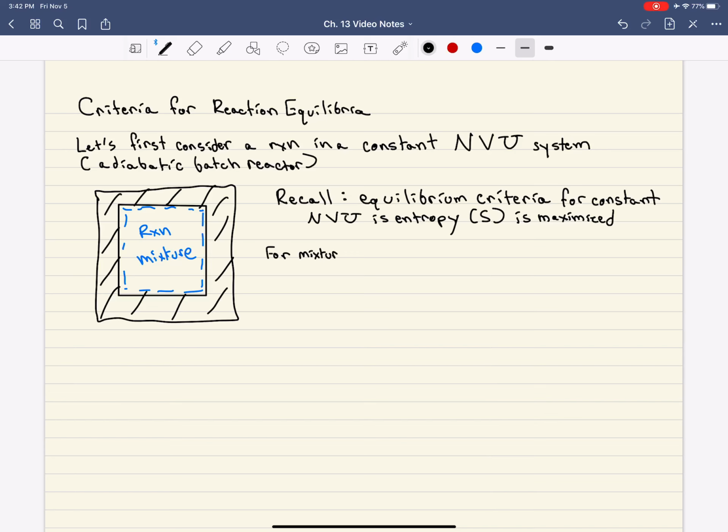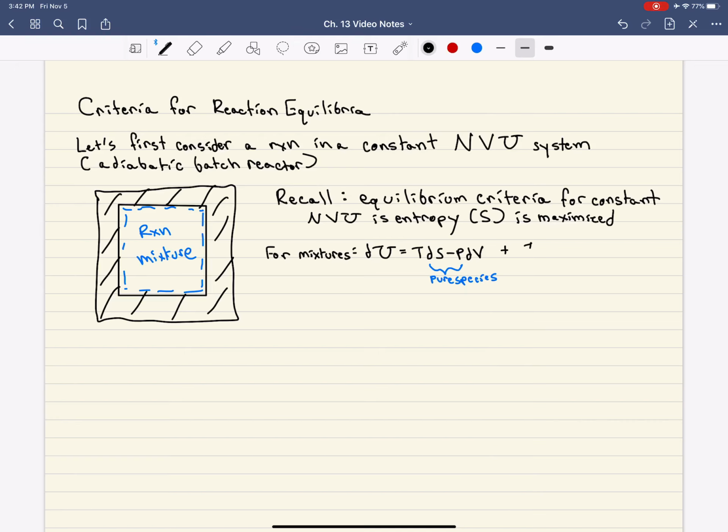To do that, I'll first actually just start with the fundamental equation for internal energy for a mixture. And so dU is equal to T dS minus P dV. And so this is the term for the pure species, or maybe not even the pure species, but the entire mixture.